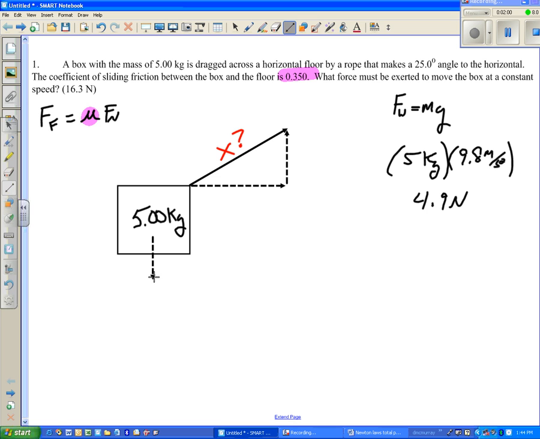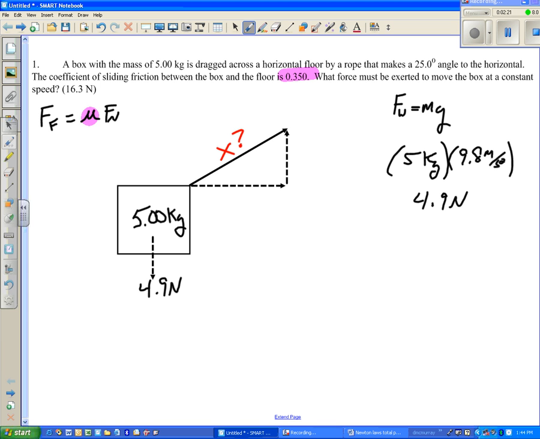This is going down this way. And that is perpendicular to what's going on, 4.9 newtons. And that's going to be more or less our normal. However, we happen to have two separate vectors going on in that dimension, which we might call the y dimension.